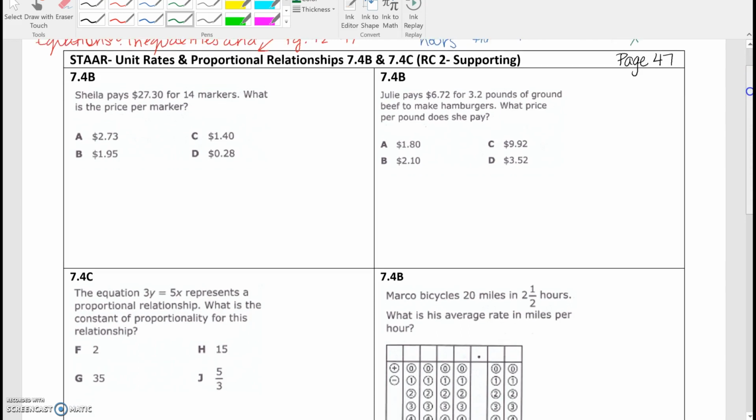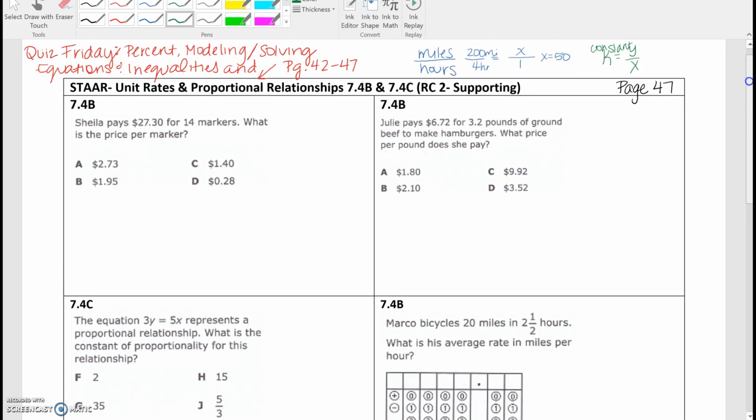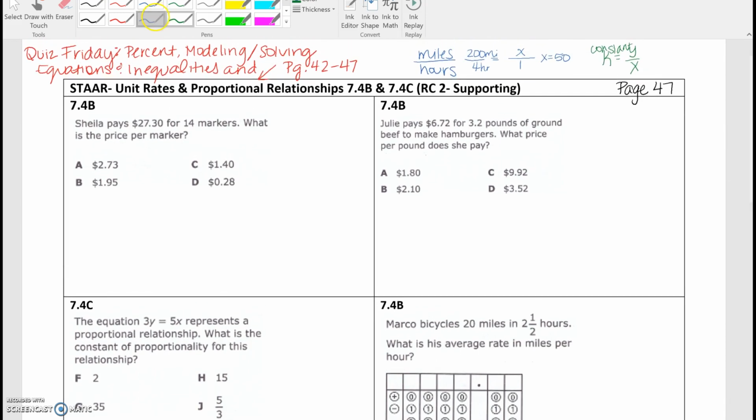So if we take a look here at our first problem, it says Sheila pays $27.30 for 14 markers. What is the price per marker? So price per marker, it's telling me the two situations I'm dealing with. I'm dealing with price and I'm dealing with markers.